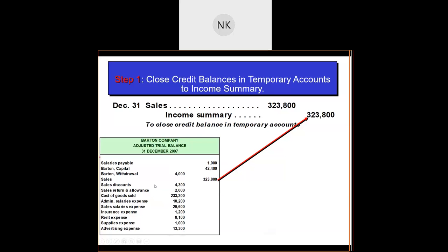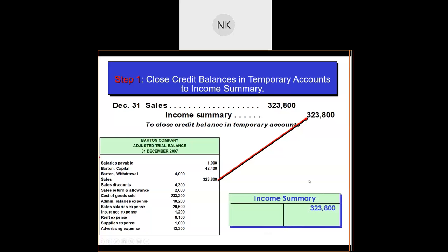So if you look here, sales discount and sales returns and allowances are debit items in your income summary, together with cost of goods sold and all the expenses, totaling up to 323,800. And to close it, you have to debit sales and credit income summary.